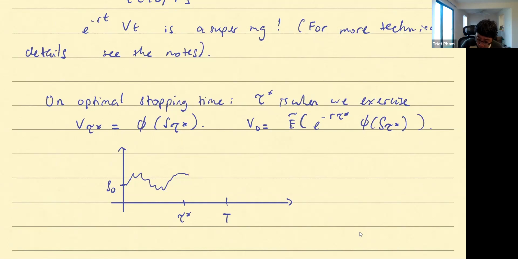But if my value tends to decrease like this, then why do I even have an optimal exercise time? You understand what I'm trying to say, right? If something is a super martingale, don't you just want to exercise it right away? So what makes this tau star non-trivial? In other words, why is it not 0, for example?